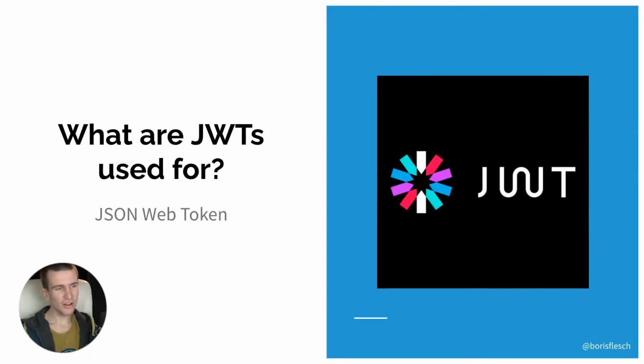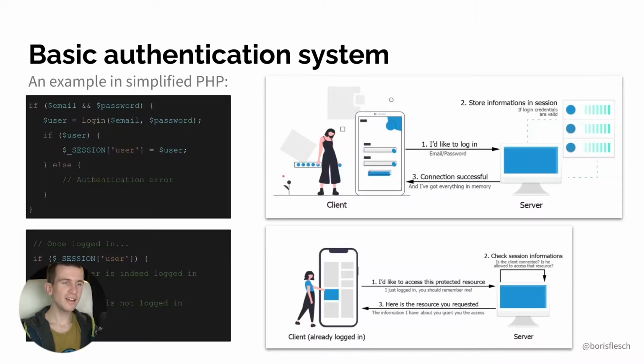Now let's go a bit more into detail about their utilization and see what they are used for. This is a basic authentication system, just an example in simplified PHP. The idea is that if you want to build an authentication system, for example, for a website, you will have to receive a couple of pieces of information from the user.